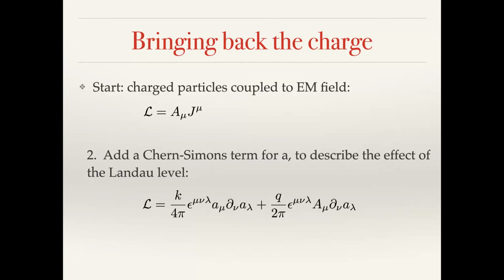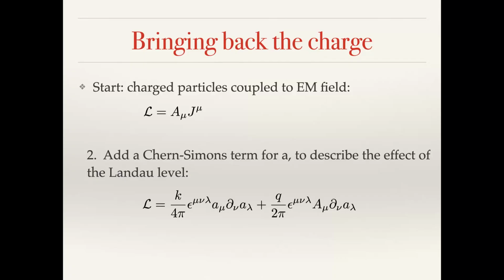And then we observe that when this current consisted of particles that were going into some Landau levels, right? And we had our parton construction and so forth. The net effect of that is to basically take this little a, this vector field that we introduced to parameterize the currents, and give it a Chern-Simons term, okay?